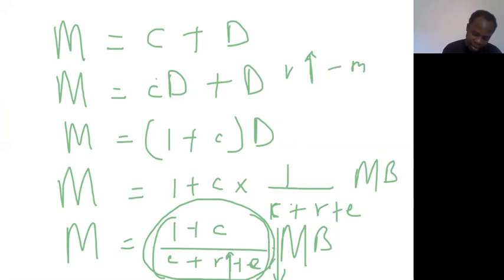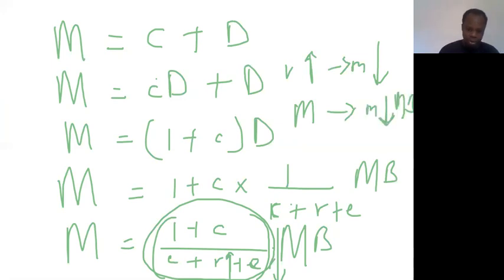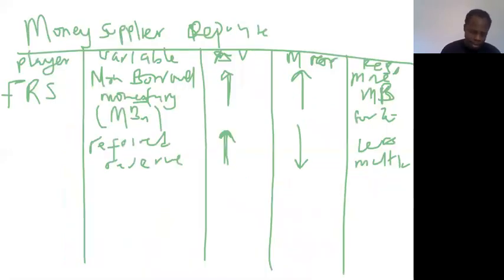Once the money multiplier is going down, what happens to the money supply? It also goes down, because the monetary base is fixed and this one is going down. So the money supply goes down. It's okay. Using the mathematics you can explain it and you are not wrong.